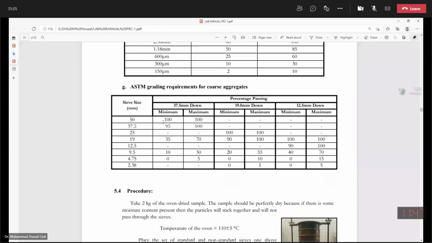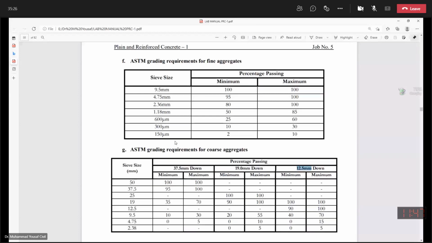If the maximum size is 19 millimeter, then it will be 20 and 55, 0 and 10. If it is 12.5, then these will be the minimum and maximum values. So these are the gradation curves for a good sample of fine aggregate and coarse aggregate.